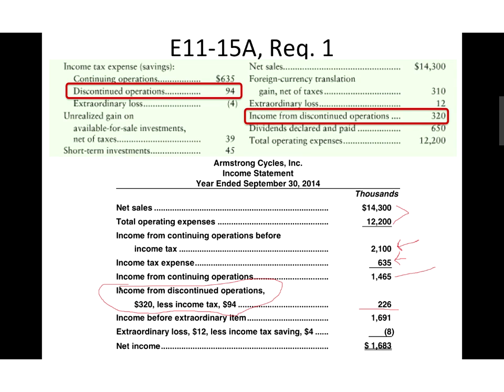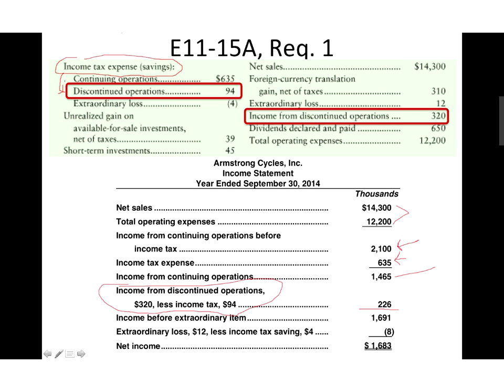But we are also given income tax expense or savings from discontinued operations. In the problem, it tells us our income tax expense or savings is right here.